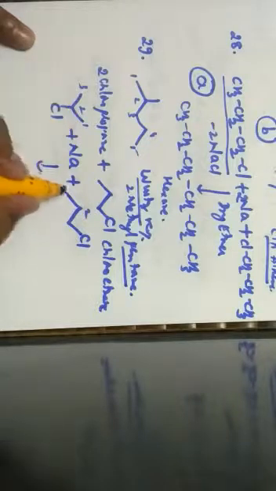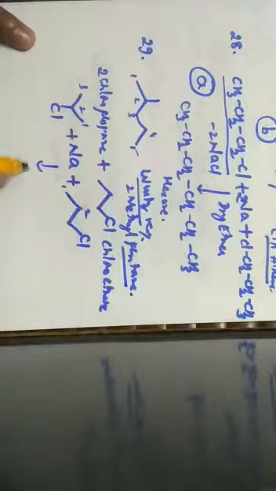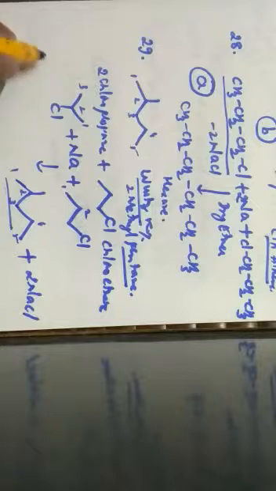So 2 times NaCl gets eliminated, so that 3 carbons, 4 carbons, 5 carbons. Hence the structure can be represented as the chloro with the other 2 carbons, that is nothing but 2-methyl, 1, 2, 3, 4, 5, which is 2-methyl pentane, along with NaCl. Hence, the correct answer for the given question is option C.